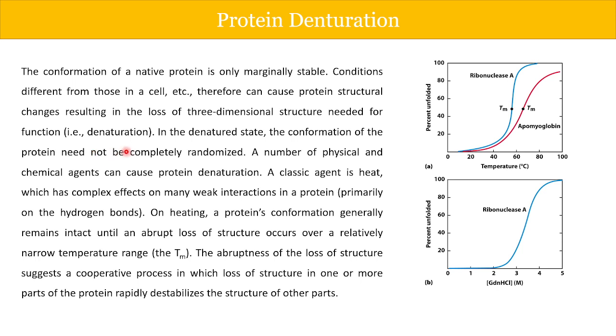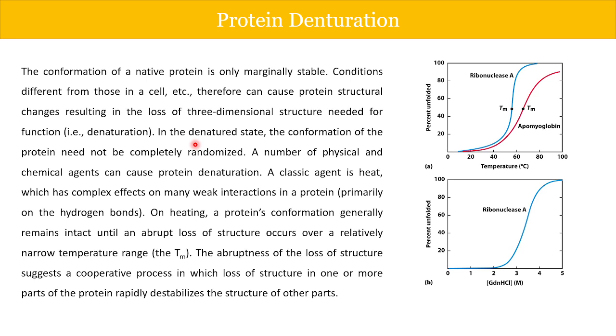This is what you can call denaturation. So loss of three-dimensional structure is termed denaturation. How do you do that? You do that using different kinds of chemicals, by the heat generated, by thermal assays, anything. What happens in the denatured state? The conformation of a protein becomes completely random and the entropy of the entire protein increases.